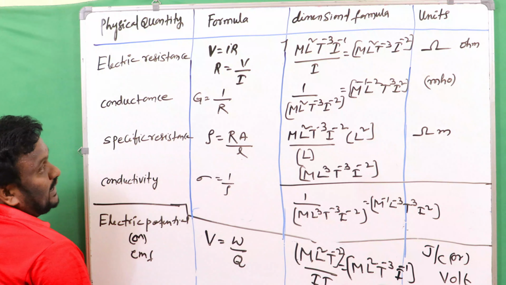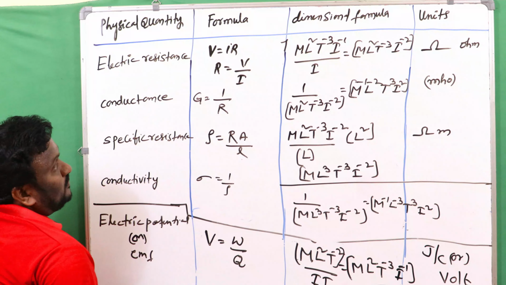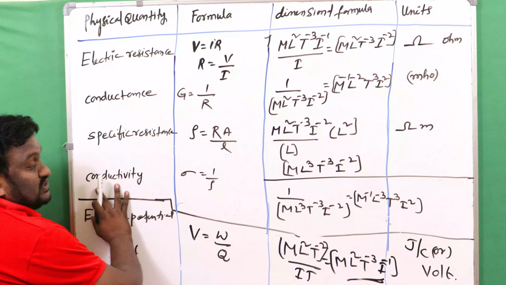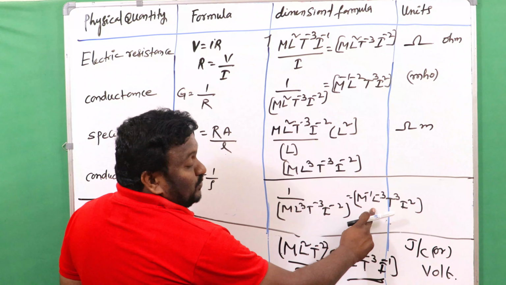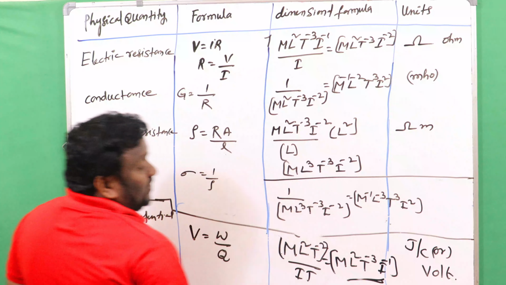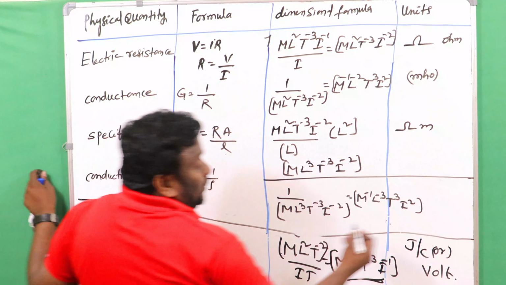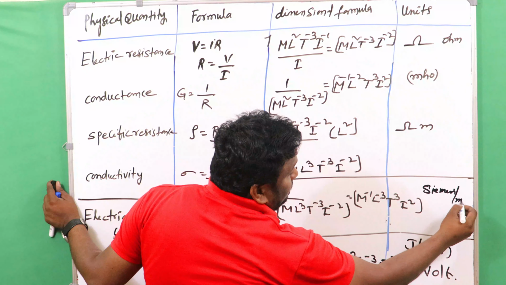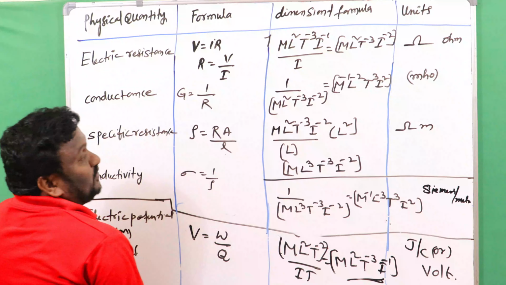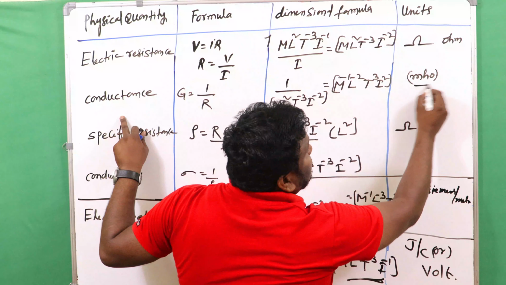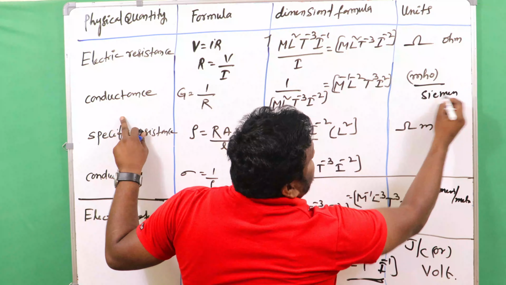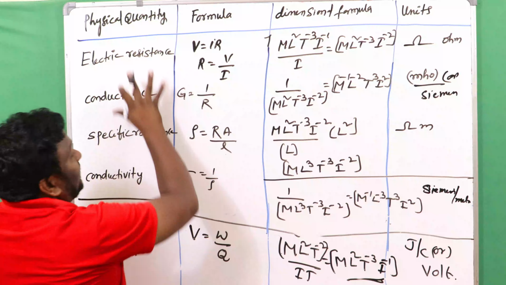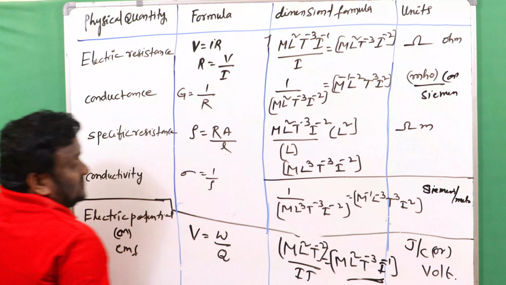So this is the dimension formula of conductivity, M⁻¹ L⁻³ T³ I². The units are Siemens per meter. Here mho is also called Siemens. So these are some of the dimension formulas of the quantities and their units.